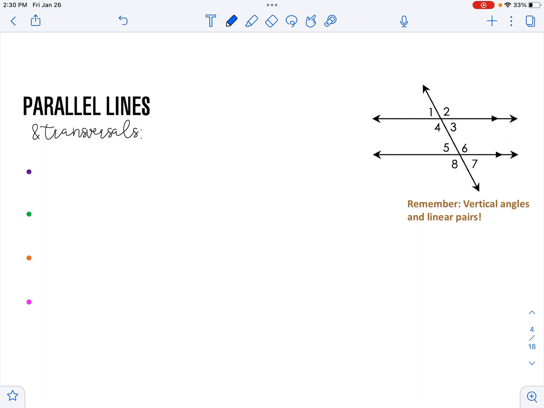Okay, so the first thing is we learned last time about corresponding angles. Remember, corresponding angles would be like 1 and 5, or 2 and 6, or 4 and 8, or 3 and 7. And now that the lines are parallel, the relationship is a little bit important here. Those corresponding angles are now going to be congruent.